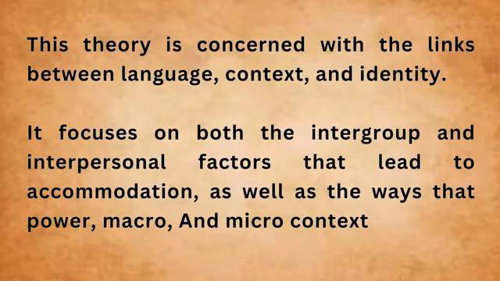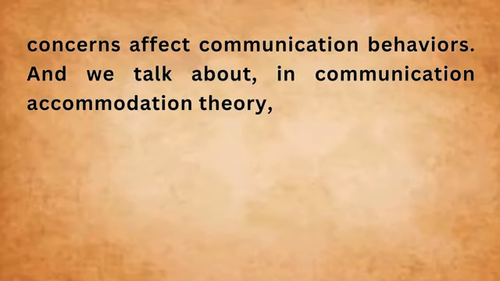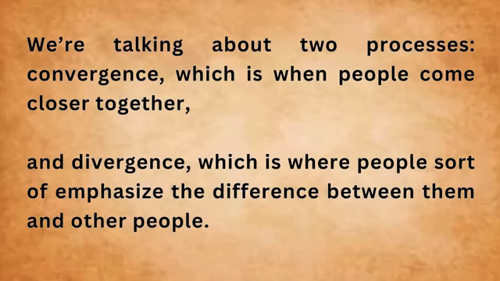It focuses on both the intergroup and interpersonal factors that lead to accommodation, as well as the ways that power, macro, and micro context concerns affect communication behaviors. And we talk about two processes in communication accommodation theory: convergence, which is when people come closer together, and divergence, which is where people sort of emphasize the difference between them and other people.